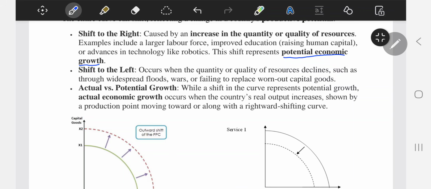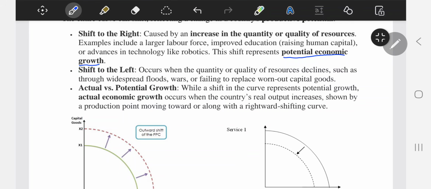It's going to be shown with the shift to the left. Shift to the right is when there's an increase in quality or quantity of resources, and the shift to the left is when there is a decrease in quantity or quality of resources.